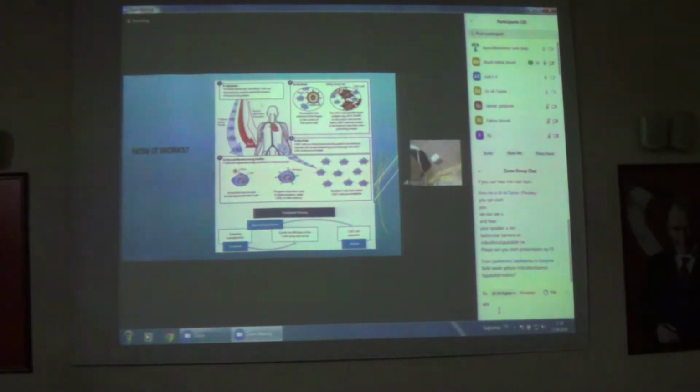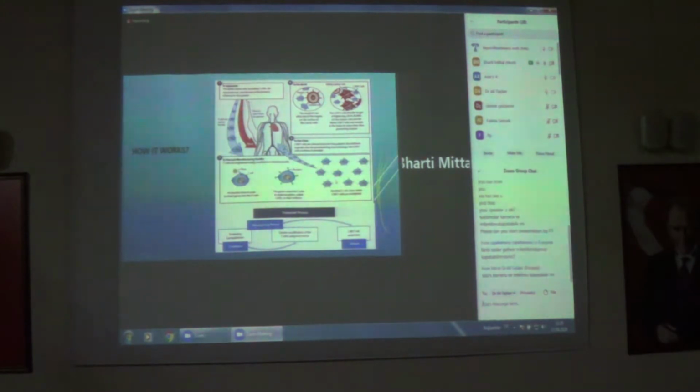We send these cells to the lab or the manufacturing facility so that these T cells can be genetically engineered and expanded, and then we send these genetically modified cells back to the clinic to infuse back to the patient. This is the overall workflow.